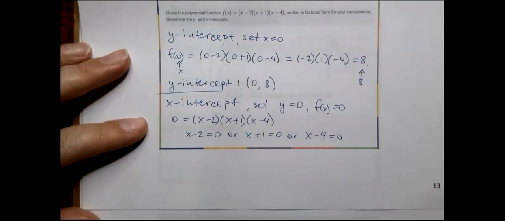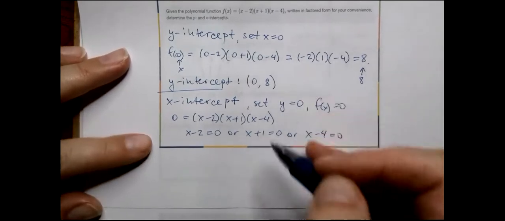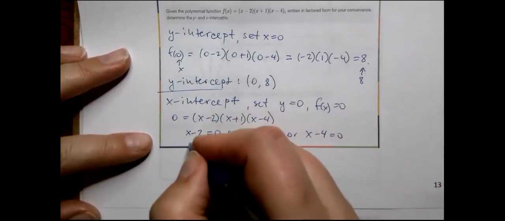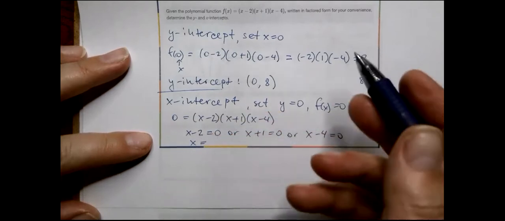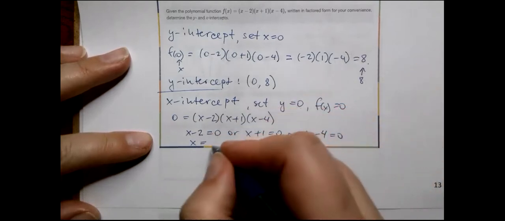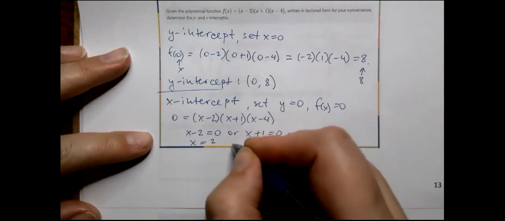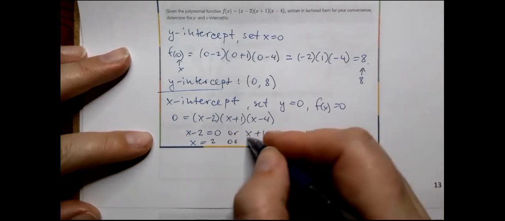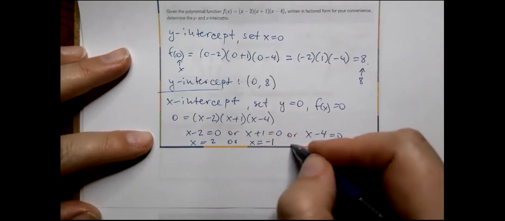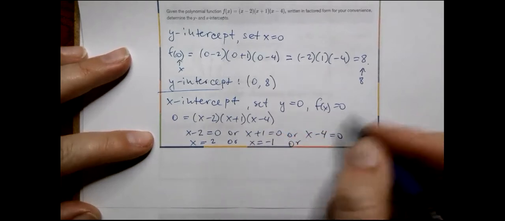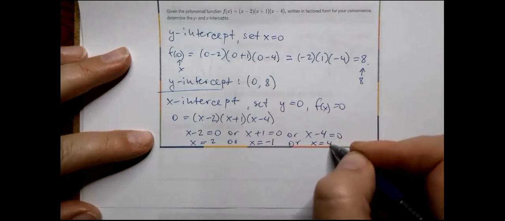So when does x minus 2 equal 0? When x equals 2. Or when does x plus 1 equal 0? When x is negative 1. Or when x is 4.